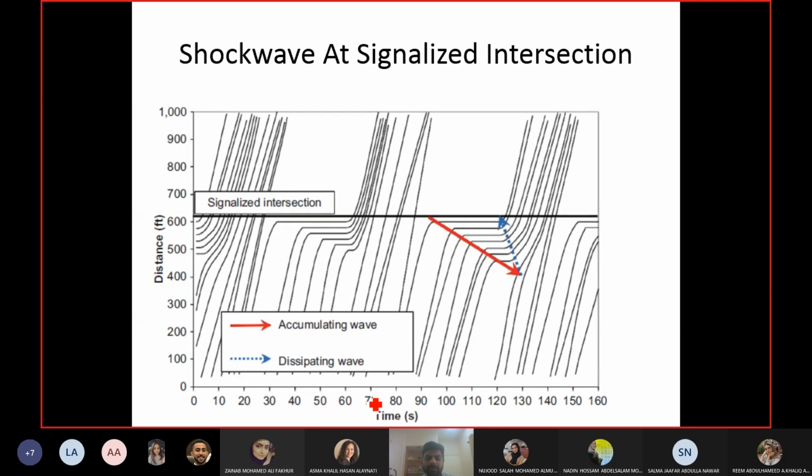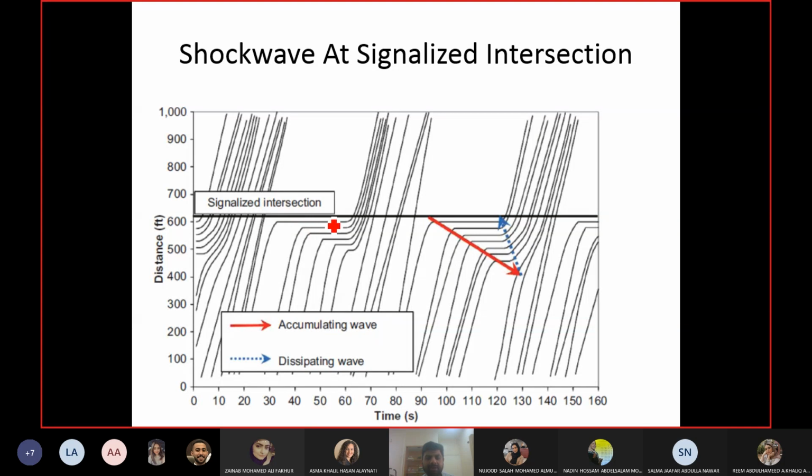Each line represents the movement of a vehicle. And this black line shows the position of the intersection.